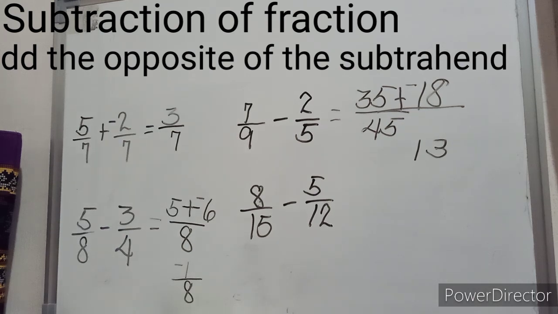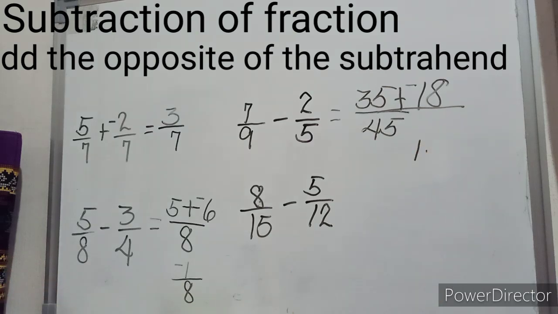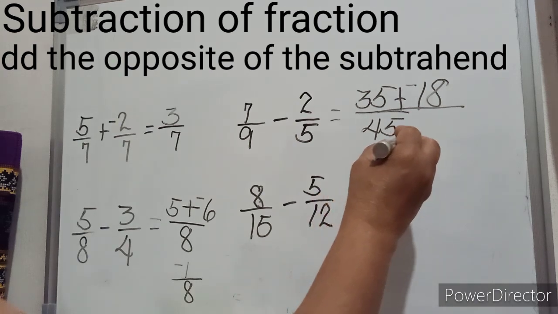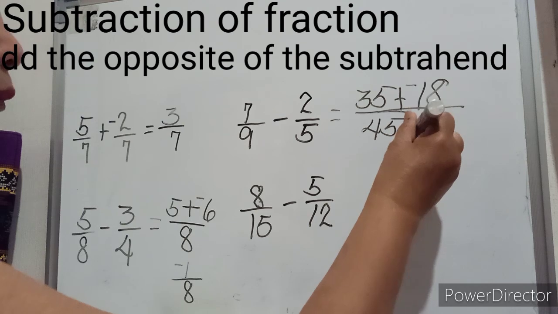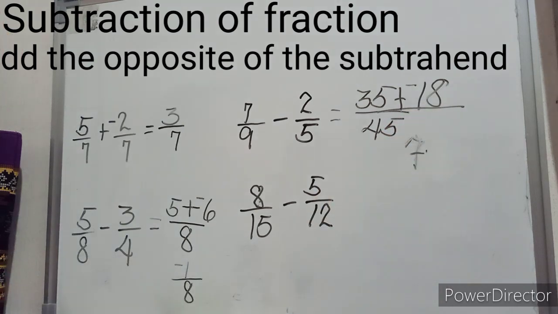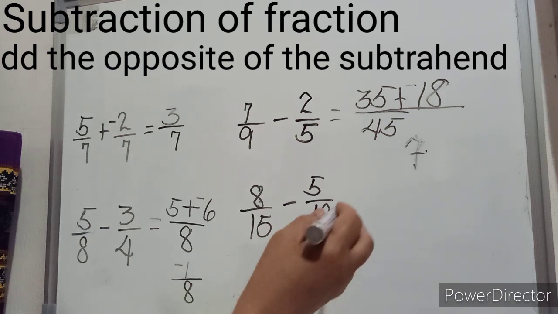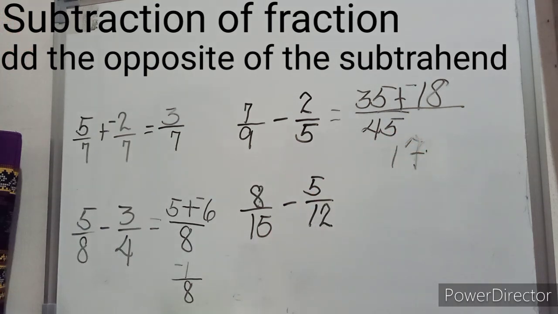Of course, you should know that it is not correct. 15 minus 8 is equal to 7. Then 2 minus 1 is equal to 1. We have 17. What must be the sign of 17?